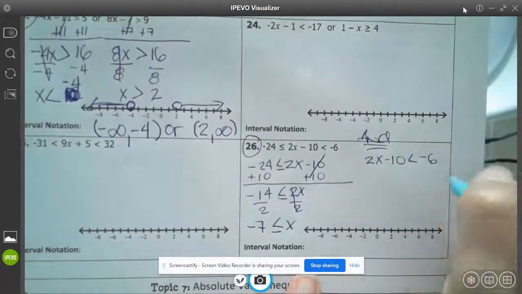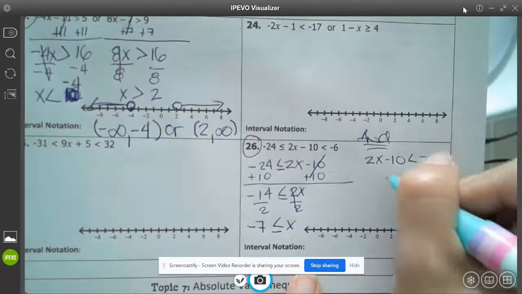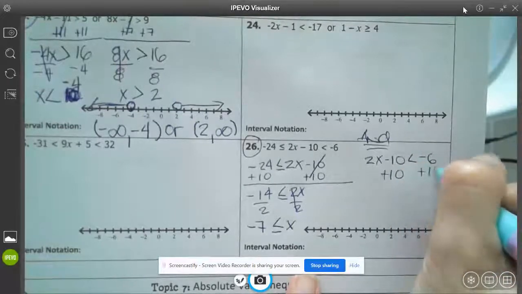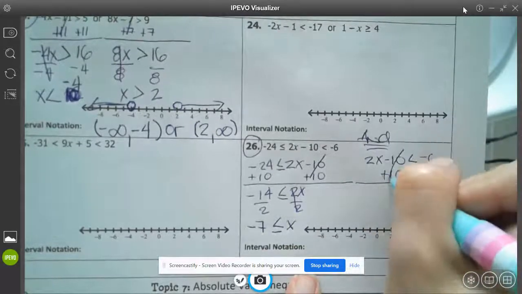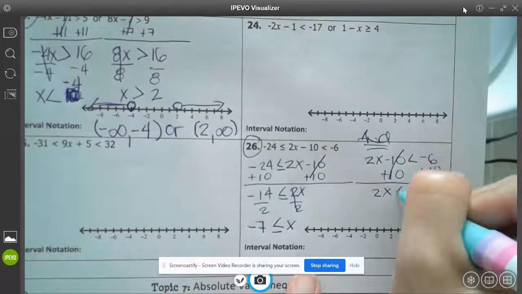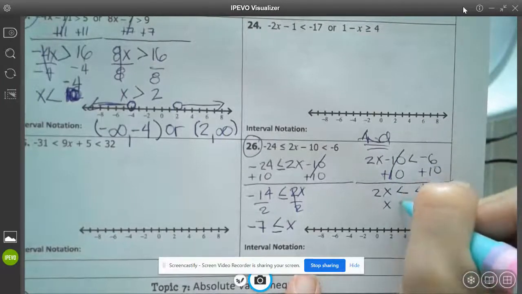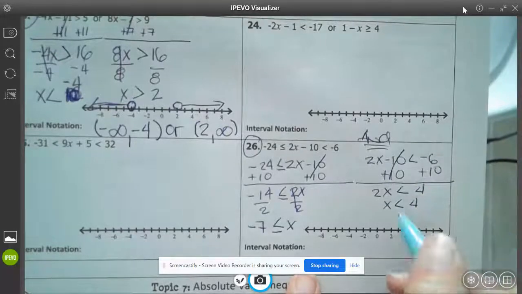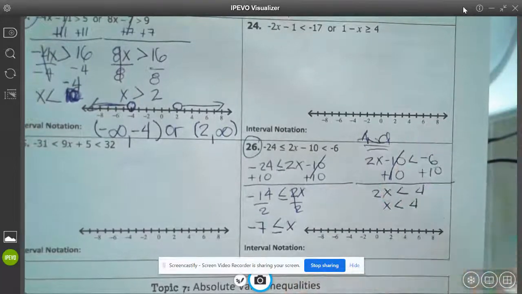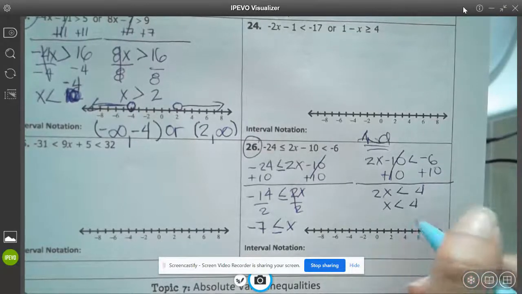And the other one is plus 10, plus 10. That goes away here, and I have 2x less than 4, and then x is less than 2. So x is going to be in between. So my and here would be what?